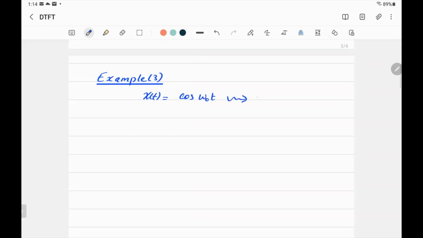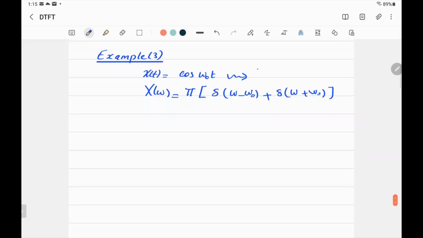So the Fourier transform of this one, according to the table, is equal to pi delta omega minus omega naught plus delta omega plus omega naught. That's the cosine. Look at the cosine.